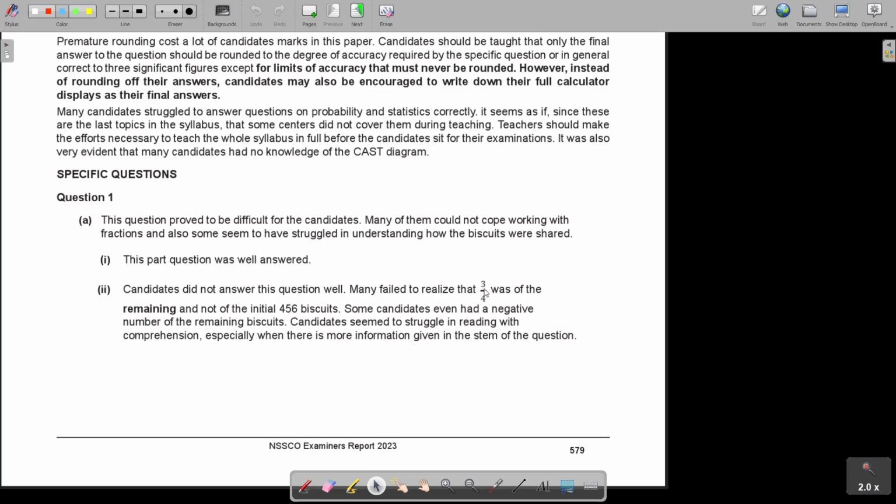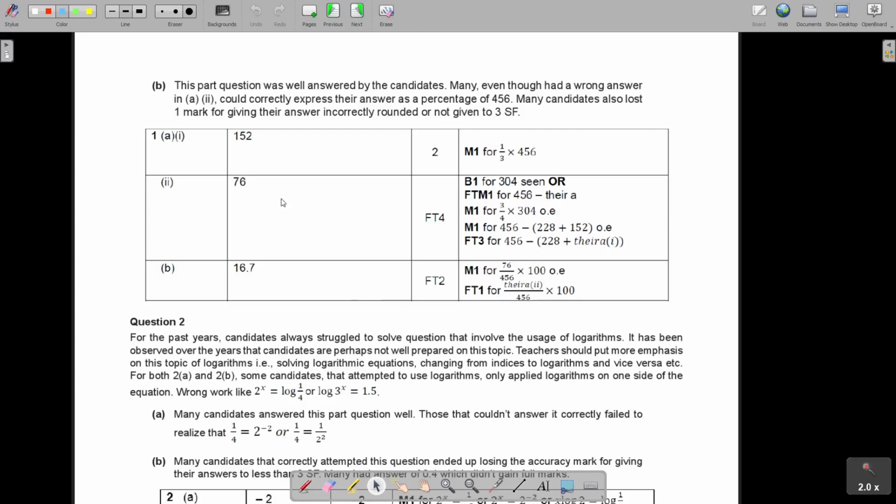Many failed to realize that 3/4 was of the remaining and not the initial, so you have to subtract. Some candidates even had a negative number of the remaining biscuits. Candidates seem to struggle in reading with comprehension, especially when there is more information given in the stem of the question.